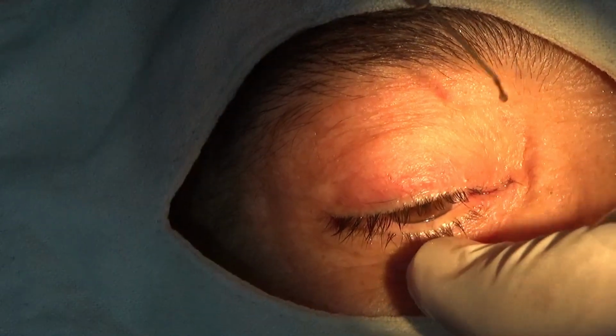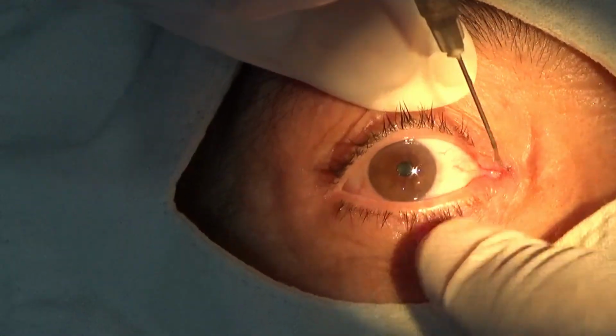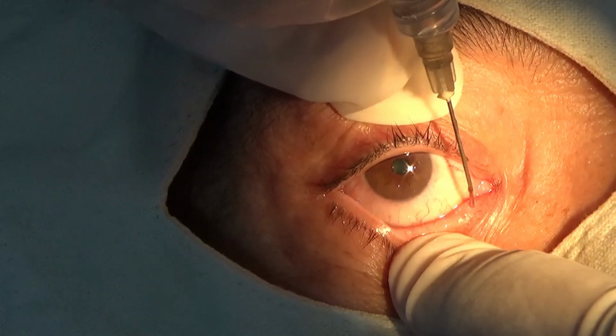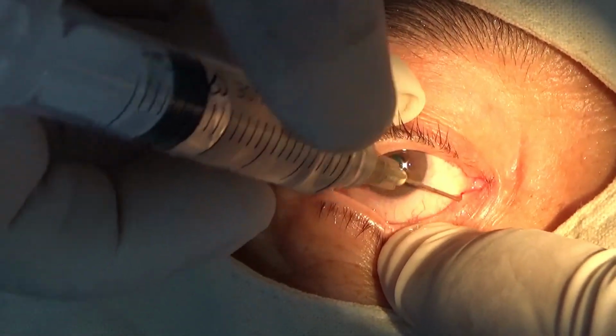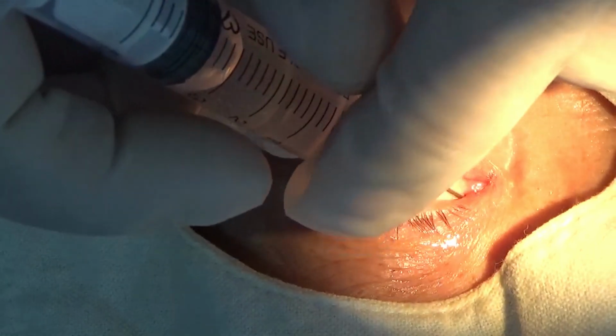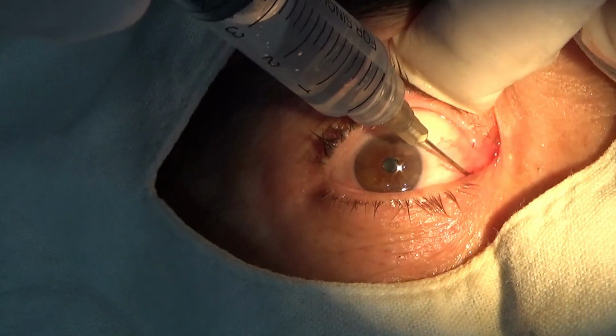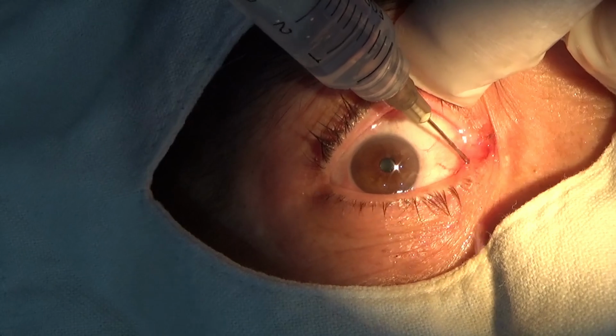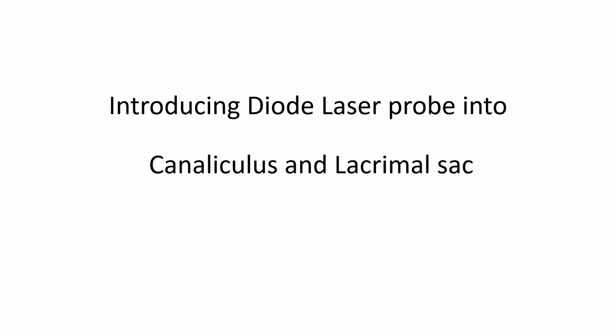After this, passage is flushed with saline and fluid came out through the opposite punctum. This confirms the normal upper part of the nasolacrimal drainage system but nasolacrimal duct blockage.